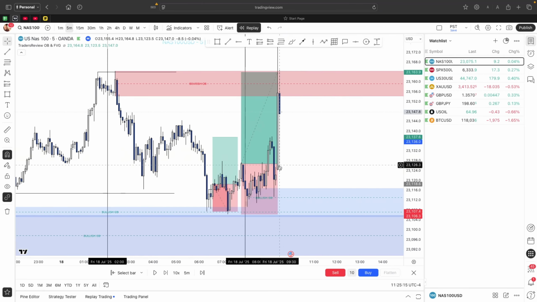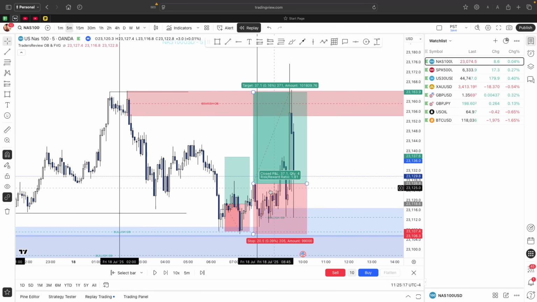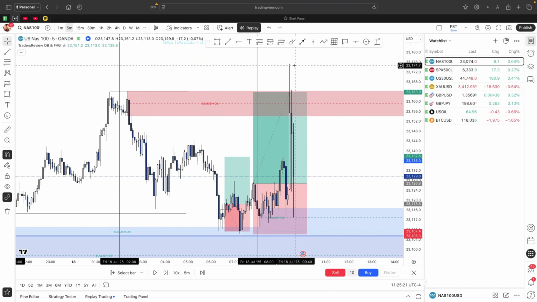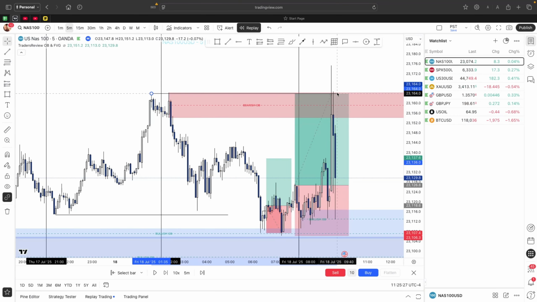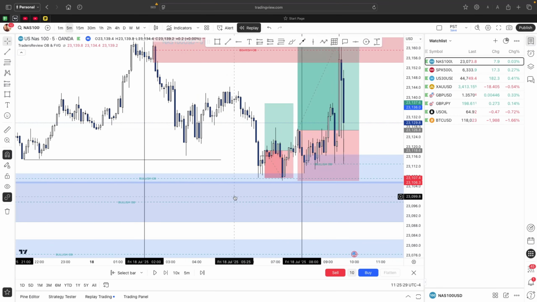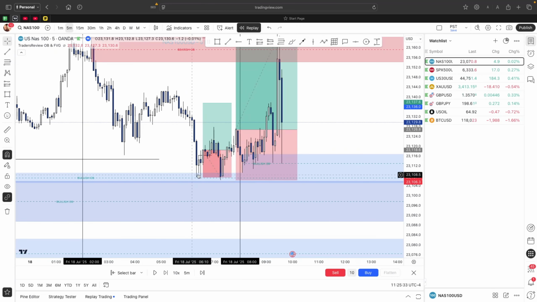And as you can see, immediately New York opened at 9:30 and we pushed straight through, breaking this liquidity. And then here you can see how this order block got respected because we waited for the break of structure. So there was one losing trade.